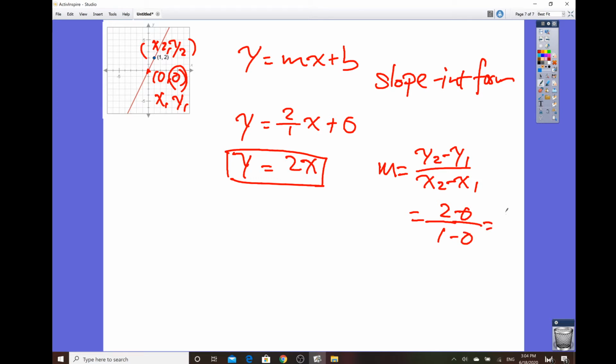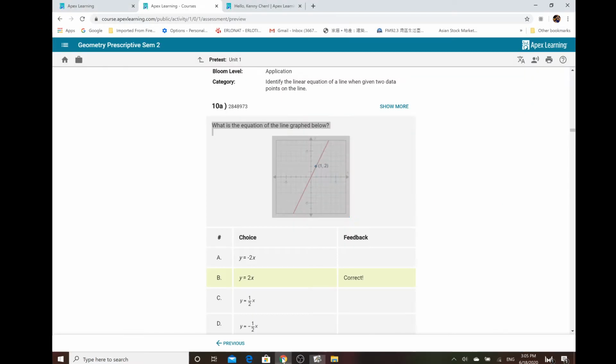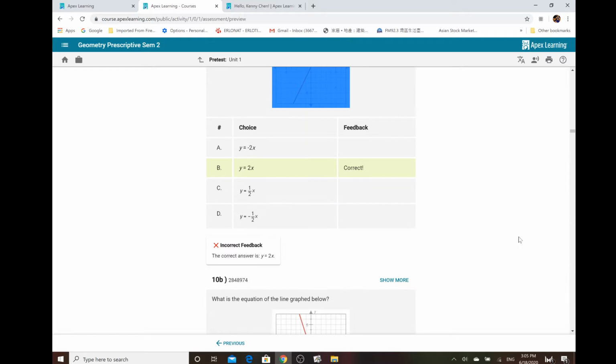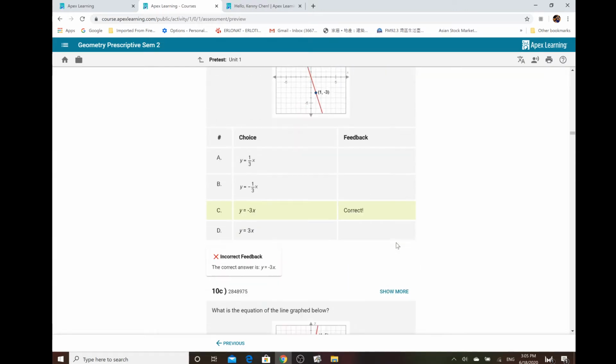And then dividing, we got 2 over 1, which is 2. Once you find the slope, just put it into the slope-intercept form. So this one is actually pretty straightforward. It's Algebra 1, something that you did last year or 2 years ago. So here's what we found. And then the next one is quite similar.